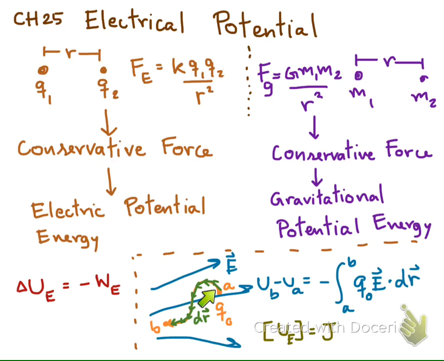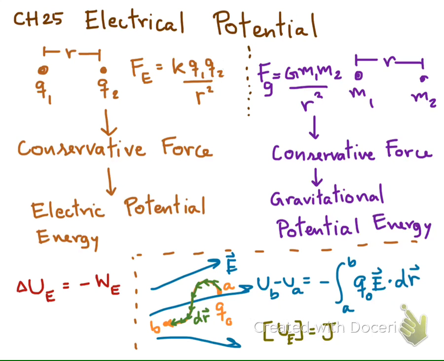For example, if we define A as a reference point, we can calculate the potential energy at point B relative to A. That is an absolute value only in the sense that it is relative to the reference value at A. Sometimes we can set the potential energy at the reference point equal to 0, but that is not general.